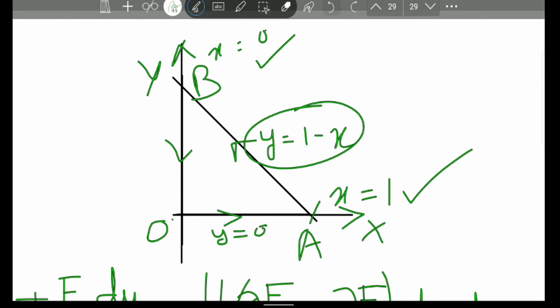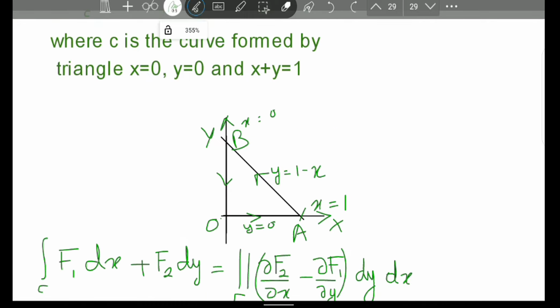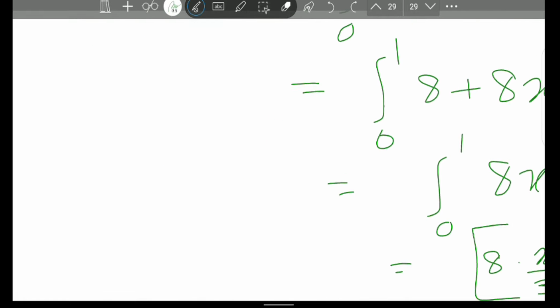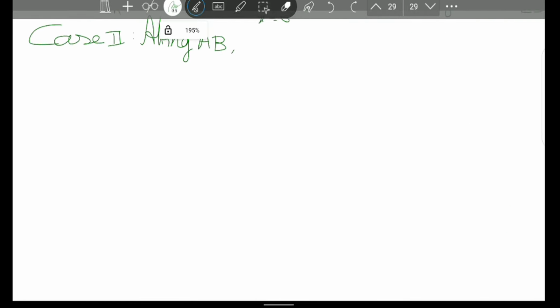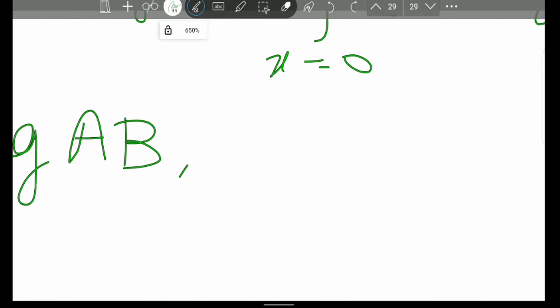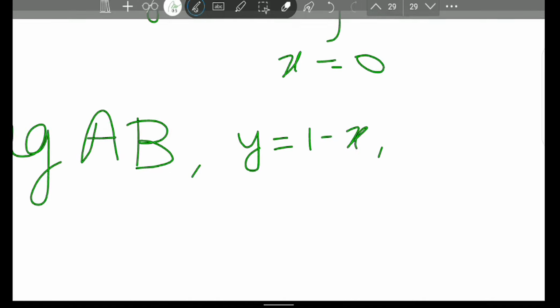So these three facts are required: the equation of line AB is y equal to 1 minus x, and x is changing from 1 to 0.